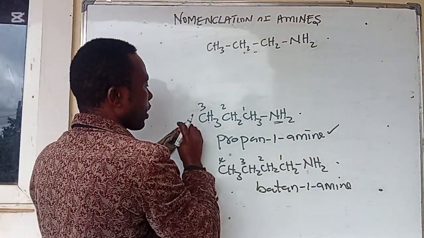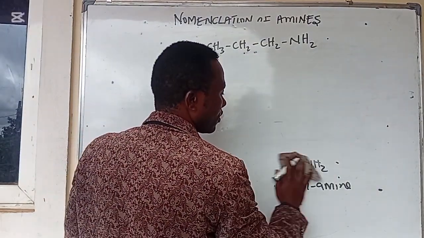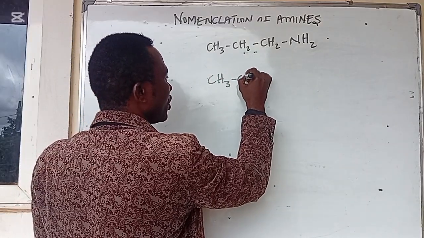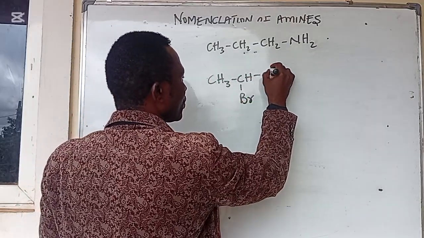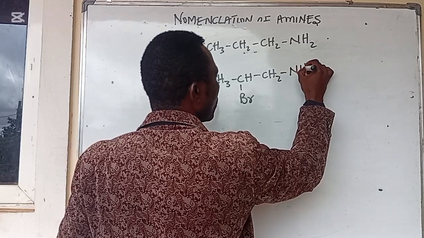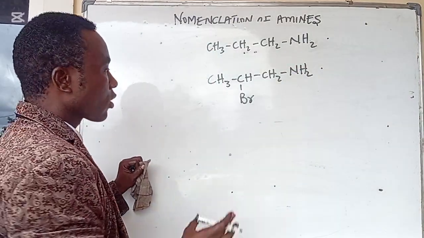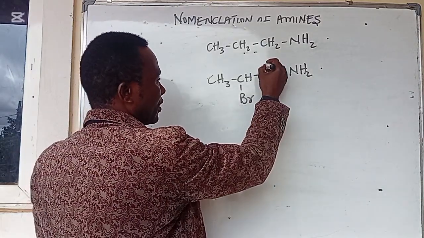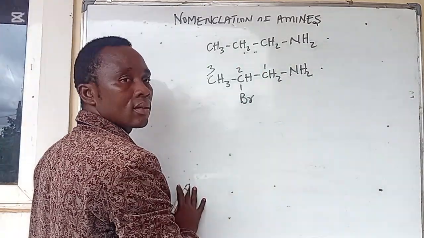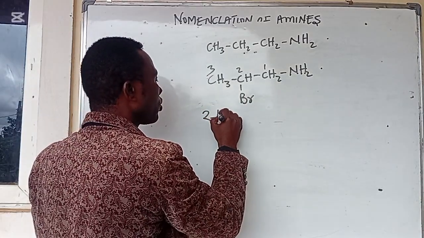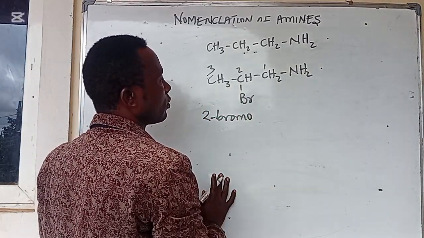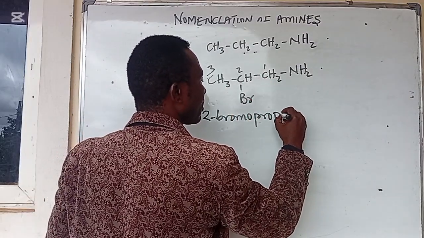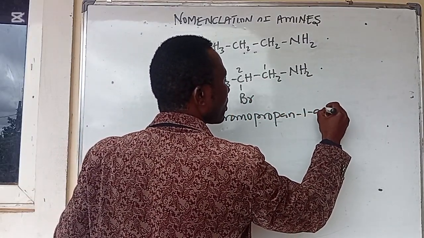So let us see a case whereby we have a substituent on the alkyl group, like CH3, CHBr, then CH2, then NH2. What will be the name? You name the substituent first. Remember, this is 1, 2, and 3 carbon. So this is 2-bromo, 2-bromo. Then this is propan-1-amine.